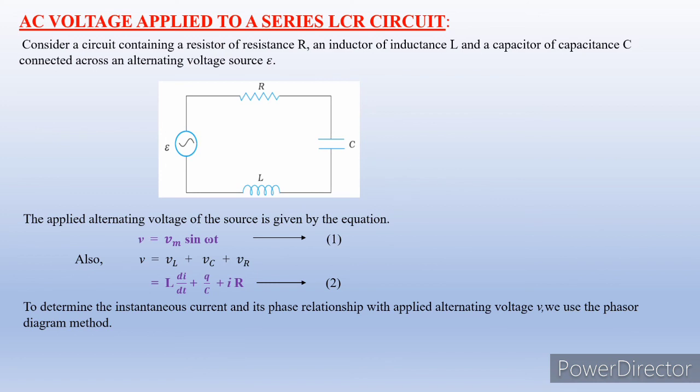Here VL is shown as L di by dt taking only the modulus or magnitude. Minus is neglected. Therefore, V equal to L di by dt plus Q by C plus IR. This is equation 2. To determine the instantaneous current and its phase relationship with the applied alternating voltage V, we use the phasor diagram method.